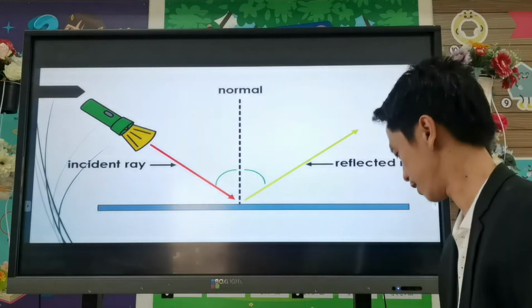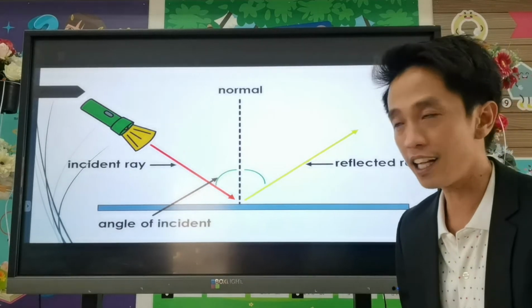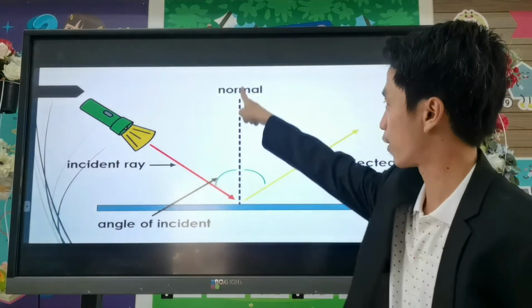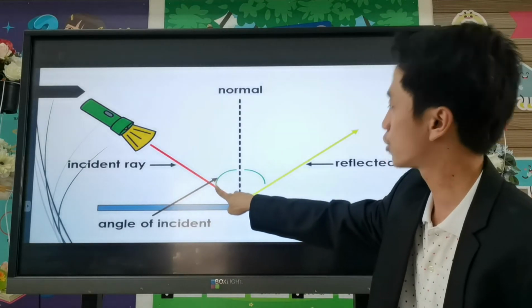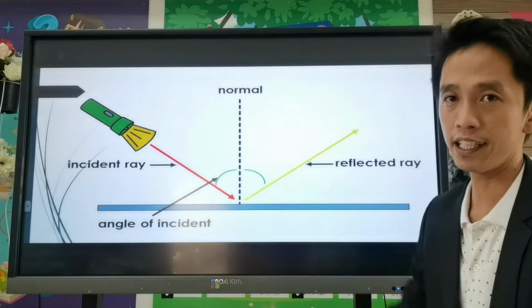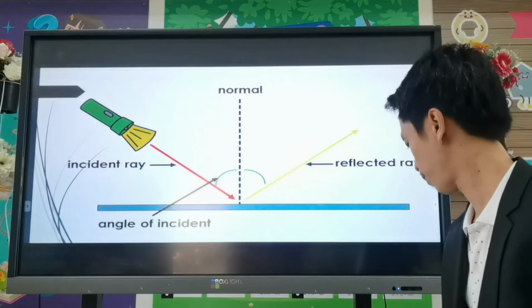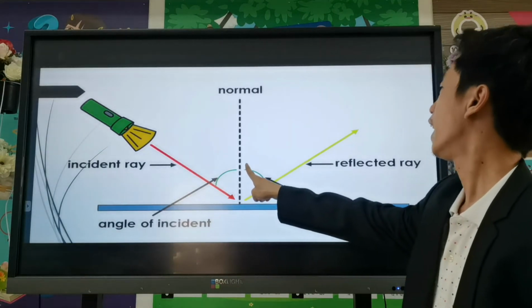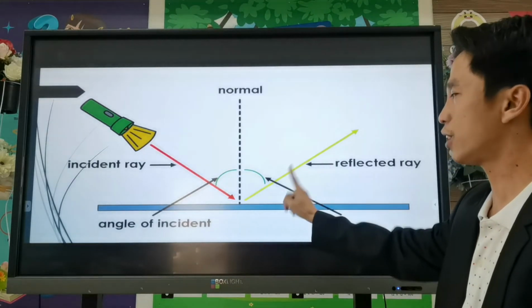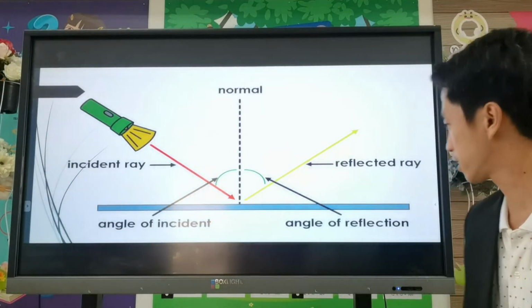That is angle of incident, from the normal going to the red, or red to the normal line. That is angle of incident. Again, the other side from normal to reflected ray is called angle of reflection.